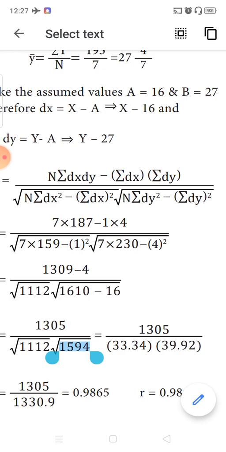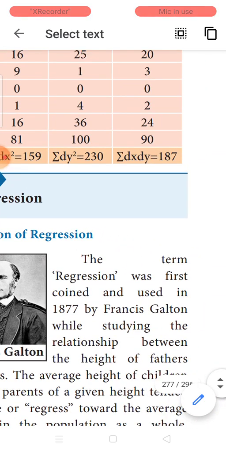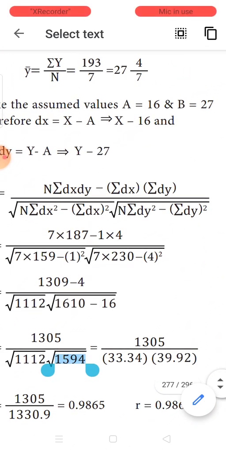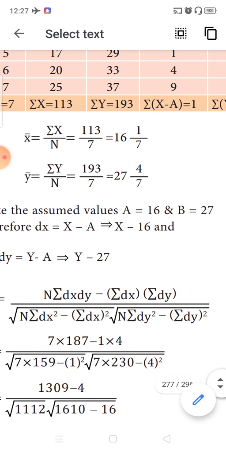Now, 7 into sigma dx dy. The last value we found out, sigma dx dy, is 187. Next, write the minus symbol. Minus sigma dx into sigma dy, which is 1 into 4.